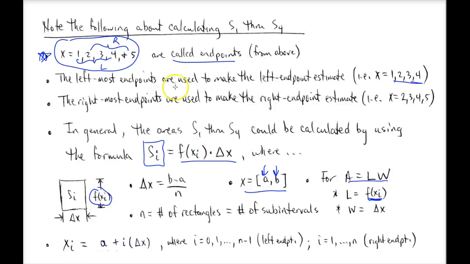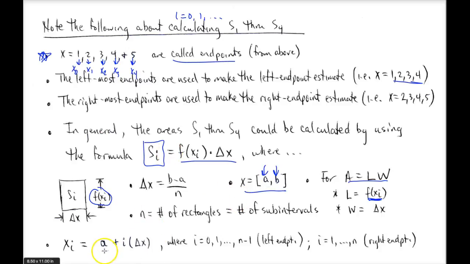And so essentially what we've done here, I'm going to erase some of this so that I could label before we go on to the next page, is that if I wanted to start off counting, let's say let i equal 0 and just keep on going, then here this 1 would be my x sub 0, 2 would be my x sub 1, 3 would be my x sub 2, 4 would be my x sub 3, and 5 would be my x sub 4.